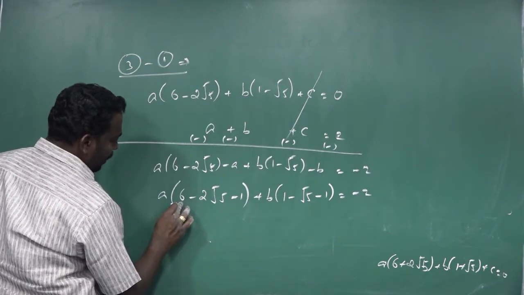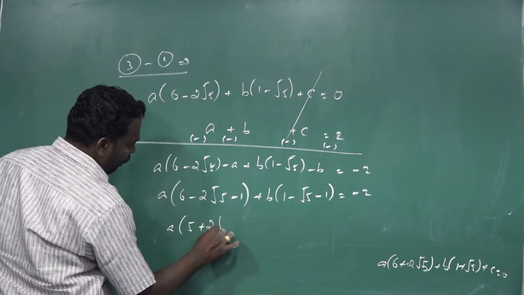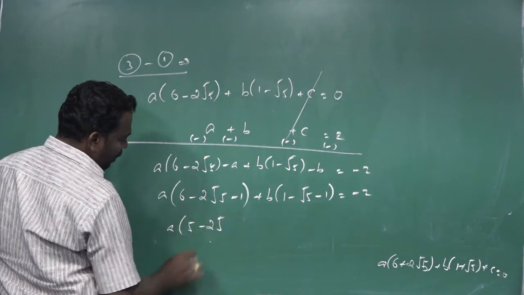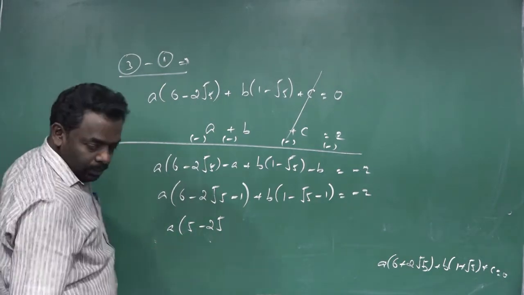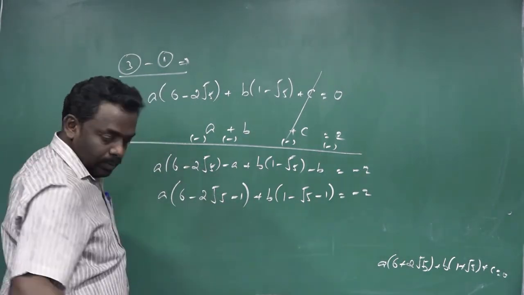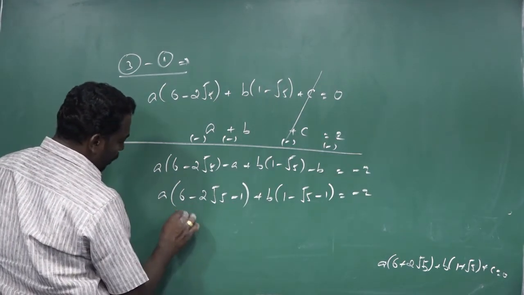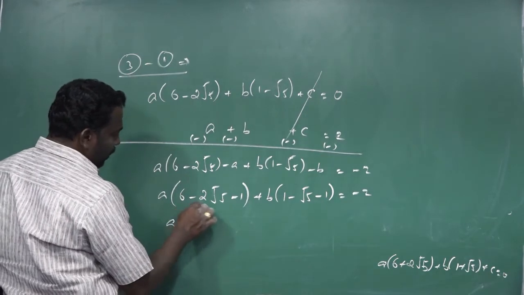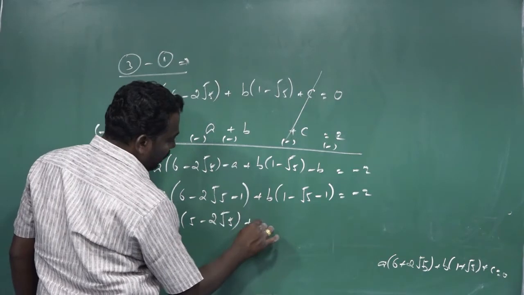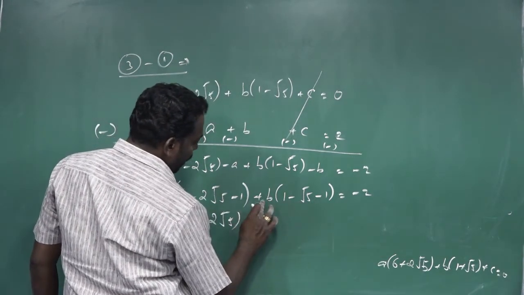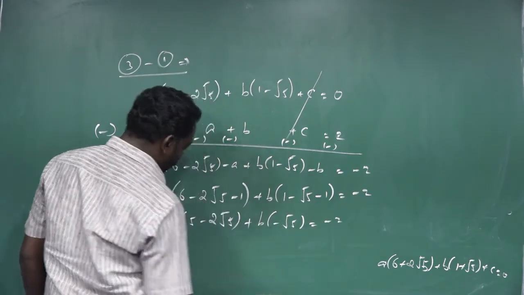And simplifying, 6 minus 1 is 5. a into (5 minus 2 root 5), then plus and minus 1 cancel, and b into minus root 5, is equal to minus 2.